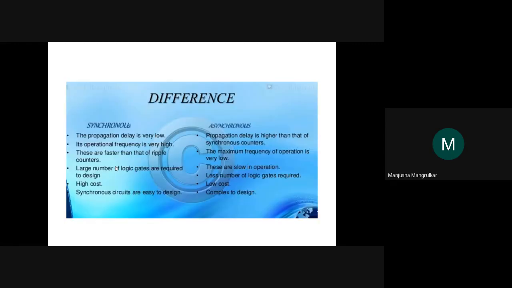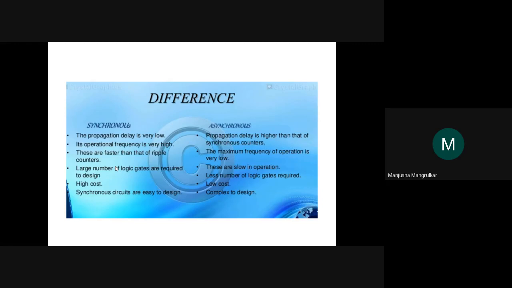Now we'll see the difference between the synchronous and asynchronous. The propagation delay is very small in synchronous, right? Whereas in asynchronous, the propagation delay is higher than that of the synchronous counter, because propagation delay means they depend on each and every stage of the previous.